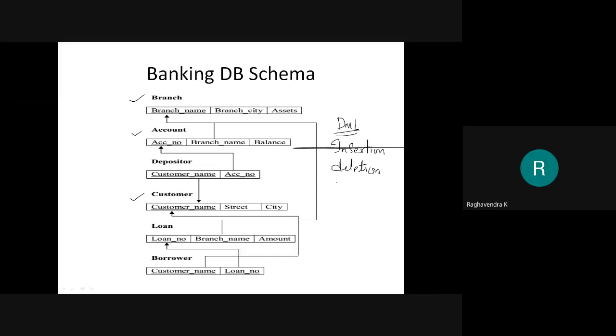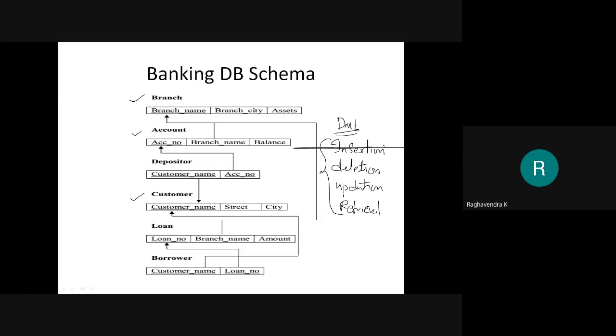And the other thing is we may have to update. We have to demonstrate the updation operation, and we have to also demonstrate retrieval. So these 4 operations are what we are worried about. Depending upon our requirement, we have to plan our application in such a way that all these 4 operations are incorporated in the application, and they are demonstrated properly.